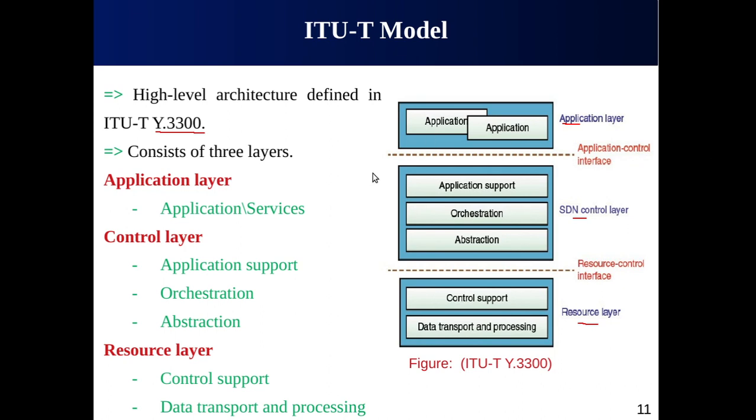Okay, so actually the control layer provides a means to dynamically control the behavior of the network resources, and that must be instructed by the application layer. So SDN is like the intermediate. It is instructed by the application layer, and it manages and controls the network resources based on the instructions that it received from the application layer.